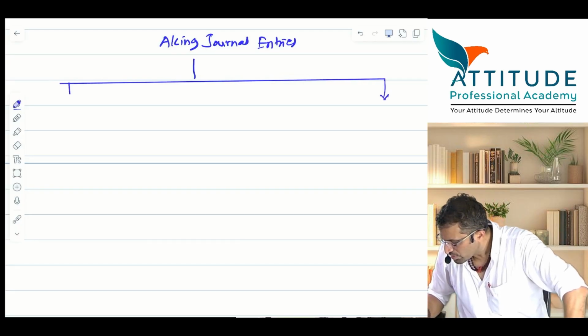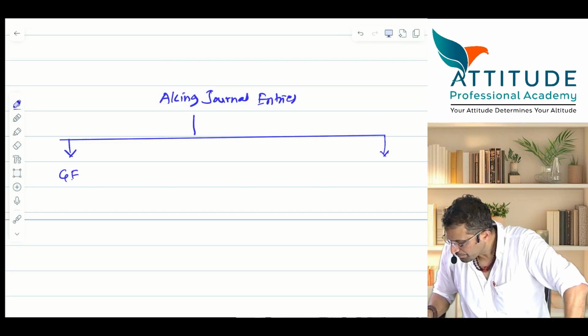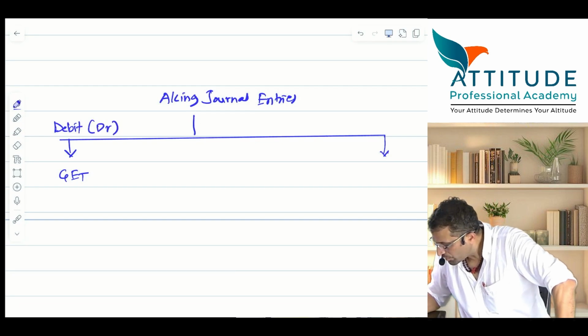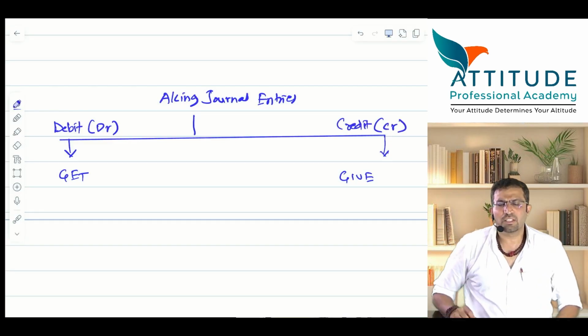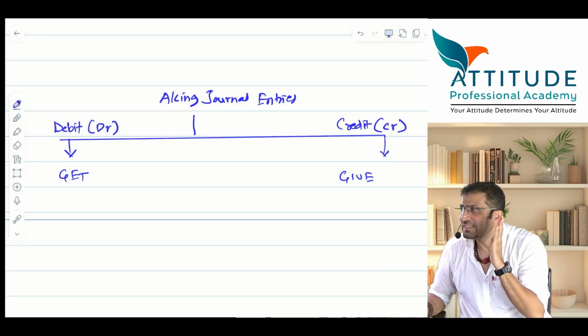Rules are, what you get is debited which is denoted by DR. What you give is credited, which is denoted by CR. So simple thing, what you get is debit, what you give is credit.